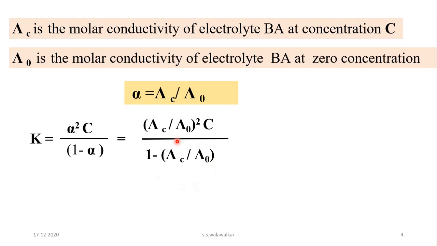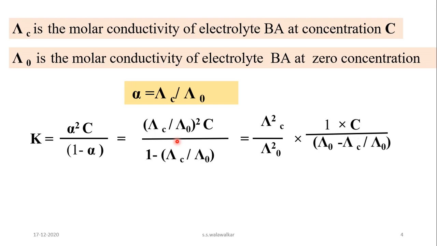That is equal to lambda C square divided by lambda 0 square into C, divided by lambda 0 minus lambda C divided by lambda 0.